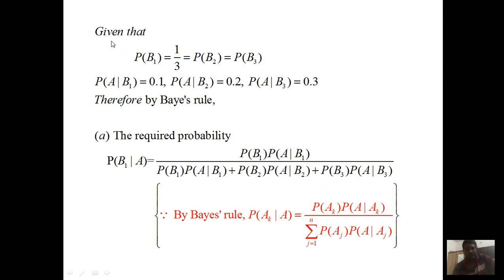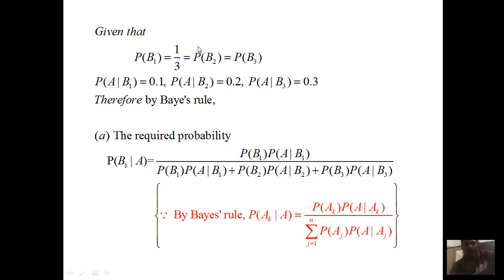So the probability of B1, it means that out of these three boxes the probability of selection of box B1, is favorable outcome only the first box, but we have to select this first box out of three boxes. So the total outcomes are three boxes and we select the first box, so the favorable outcome is only 1 and the total outcomes contain 3 sample points, so probability of B1 is 1 upon 3.